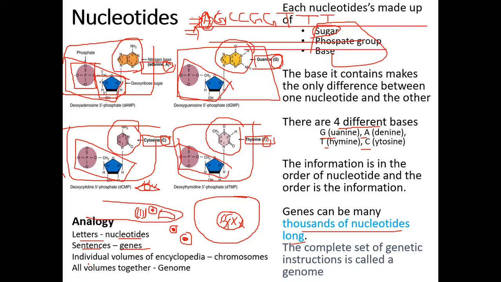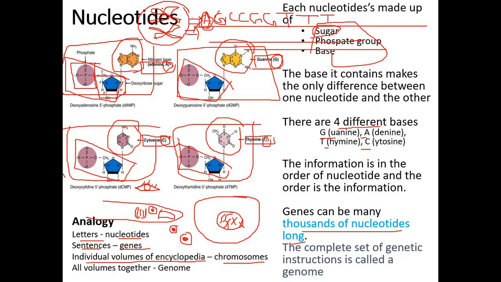Okay. Then an individual volume of an encyclopedia is like a chromosome. These genes packed together into components like this are called chromosomes. These chromosomes look like individual volumes. These volumes get together and build up the book. These volumes get together and pack in a nucleus and it builds up the genome.